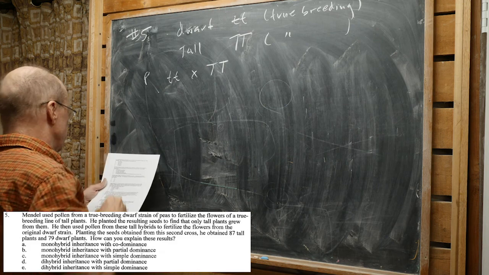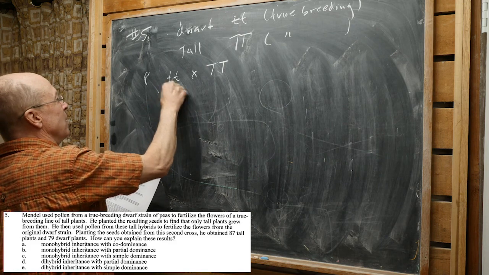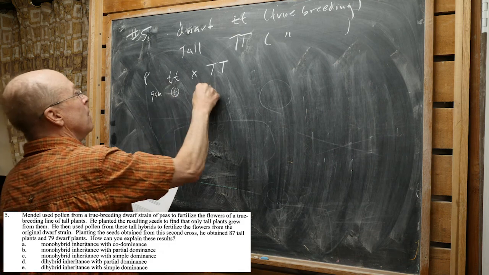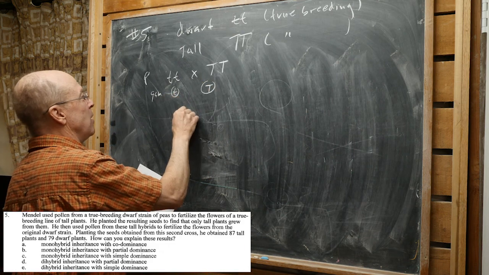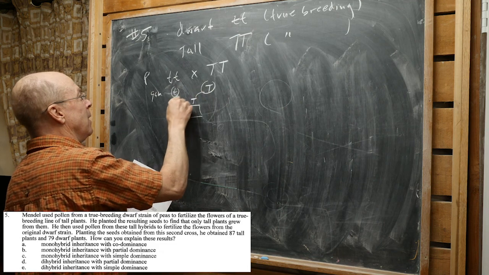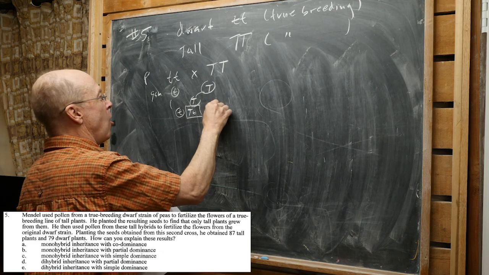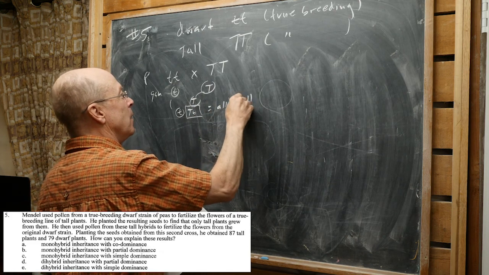So there are his parents. Here are your gametes: all big T, all little t. For me, it's a 1 by 1. And that's how this looks. All of the offspring, all of them, are tall.